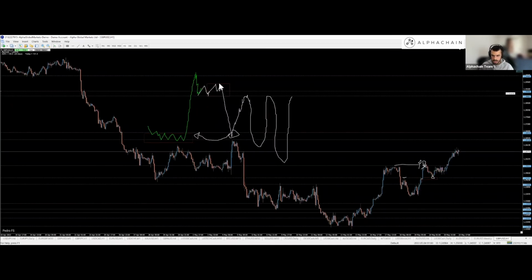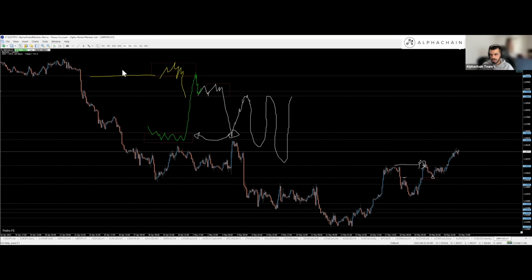Or another reason is, imagine that we have this weekly supply, but just above it, we actually have another important weekly supply. And let's pretend that this weekly supply is the one aligned with a good, important monthly or weekly support and resistance, right?